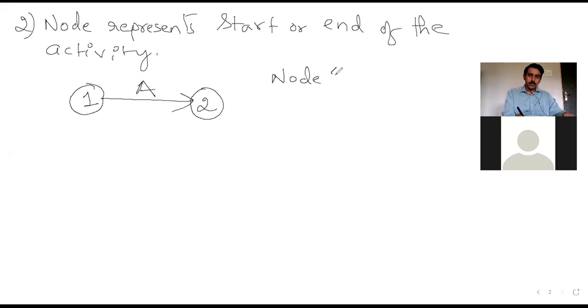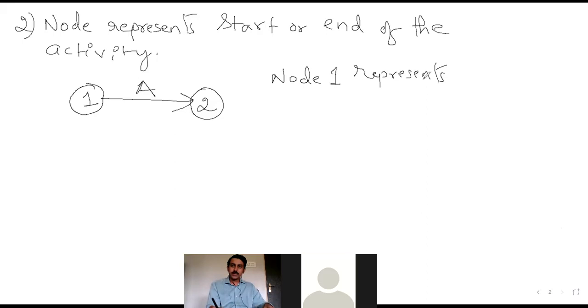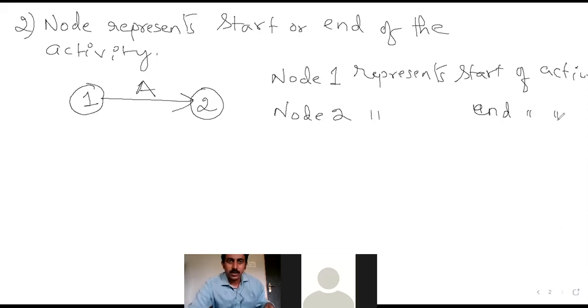So node 1 represents the start of the activity, and node 2 represents the end of the activity. So this is the relevance or importance of node in the network diagram. Just make note of this.